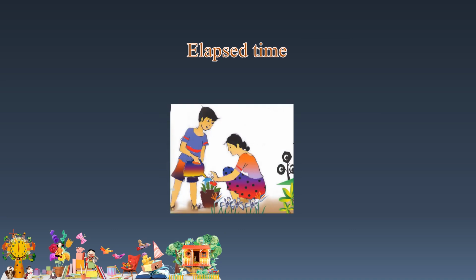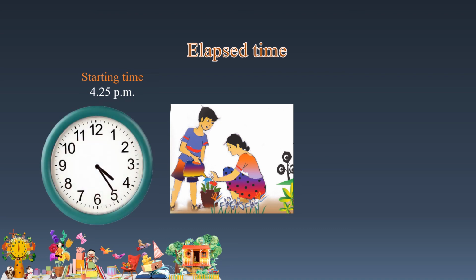So we'll move on to another example. Have a look at this figure. Now this is Sadev. He is helping his mother to water some plants. So he has started this work at 4:25 p.m. and they have finished the work at 5:15 p.m. So I need to find the elapsed time.